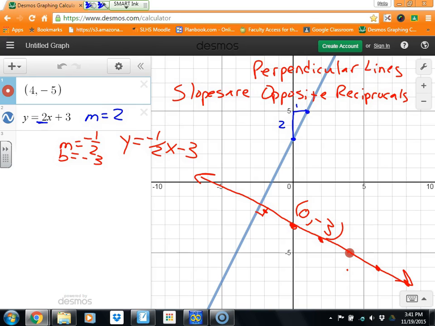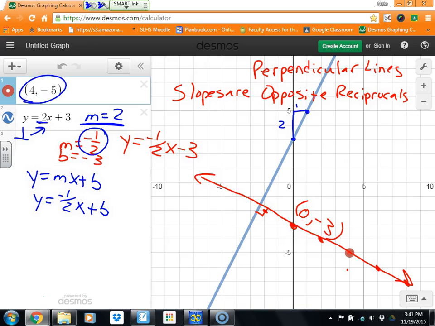Let's work through this algebraically now. So if I start off with my equation y equals mx plus b, I fill in what I know. Well, since it's perpendicular to that equation, we said our slope is the opposite reciprocal of 2. So our slope is negative half. So y equals negative half x plus b. And then it goes through 4, negative 5. That's an x and a y coordinate. So we can plug in negative 5 for y.